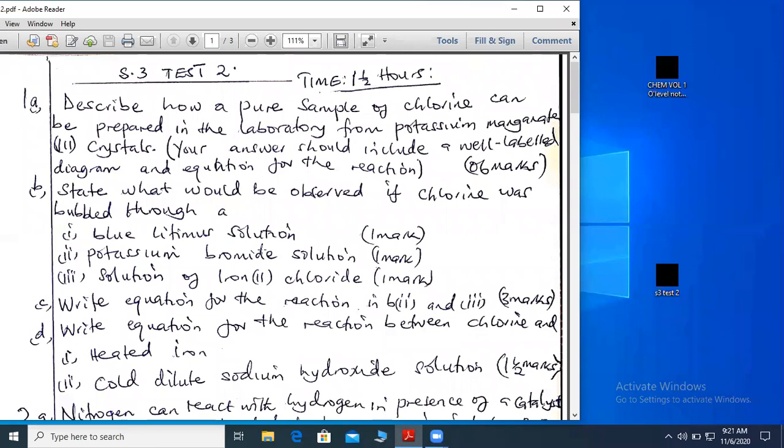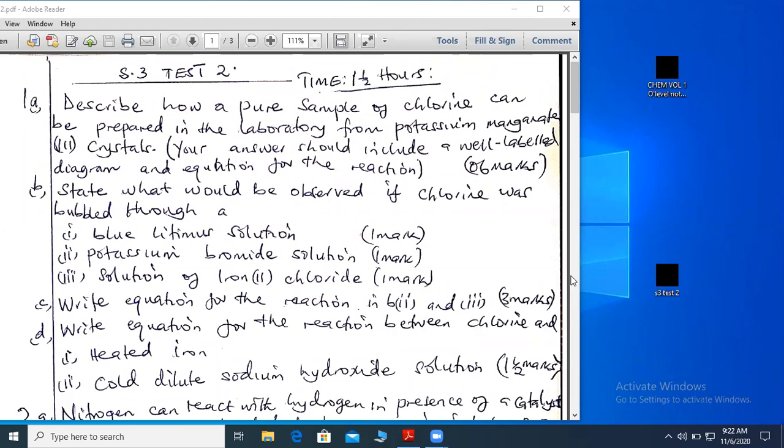Chlorine displaces bromine from its solution of potassium bromide, forming bromine, which is red. Now that is one version.